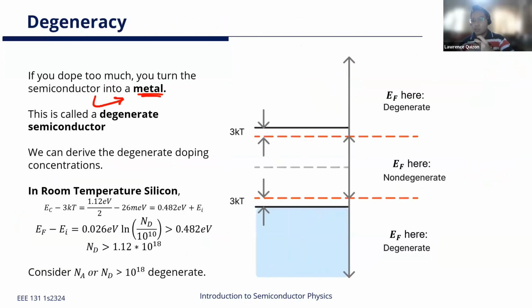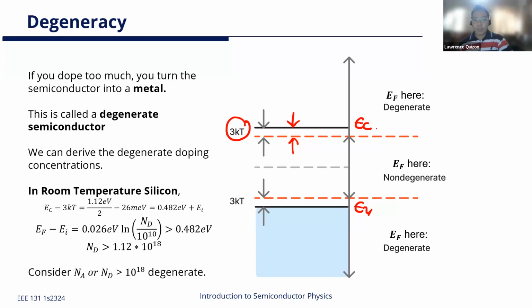So we always have to take into account when the material becomes degenerate. Now, Tsividis's book defines degeneracy as when the Fermi energy level gets closer to the band edges. This is the conduction band edge, and this is the valence band edge, since the valence band edge is lower. If the distance between your Fermi energy level and the conduction band edge is within 3 kT already.